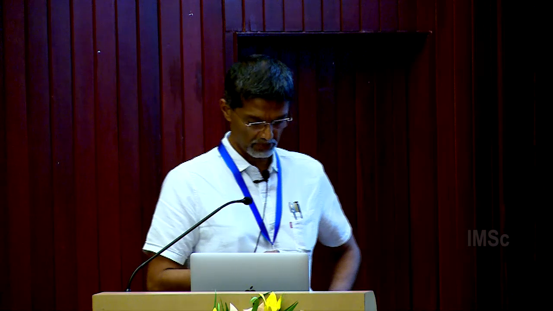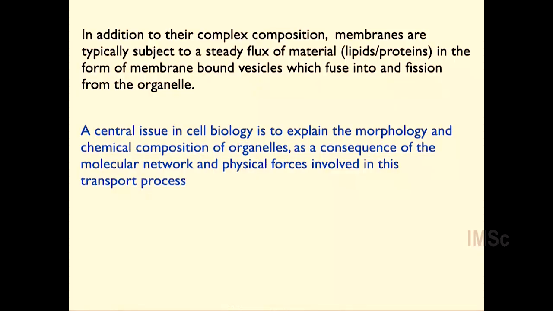So that is a very active system. The central issue here is to explain the morphology and the chemical composition of organelles as a consequence of this network of forces and the transport processes involved. That is something we really want to address.